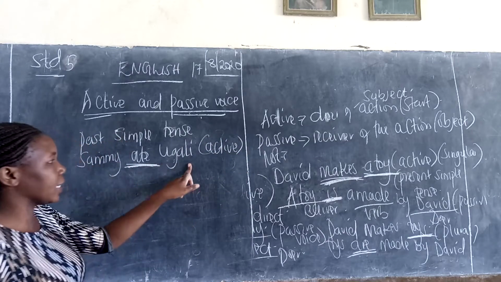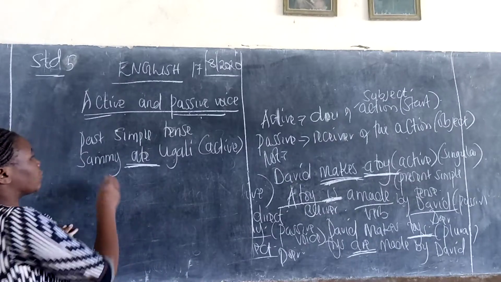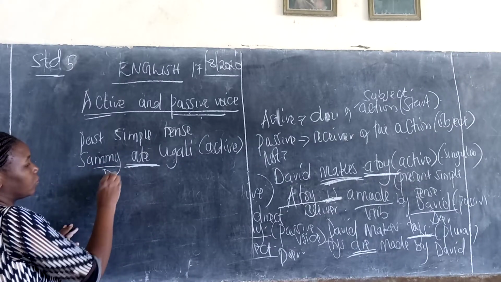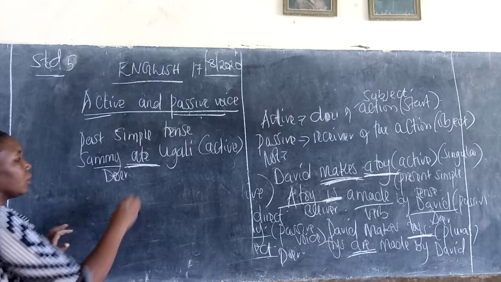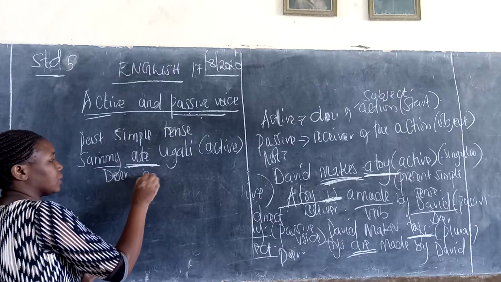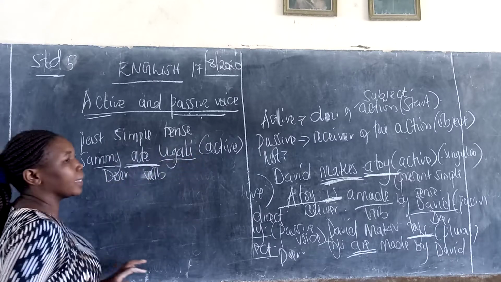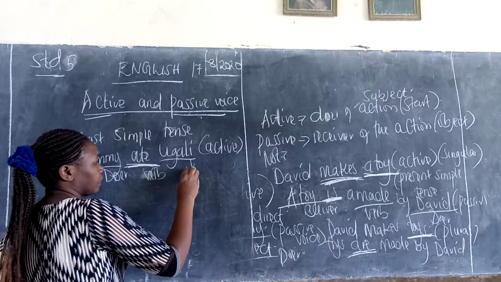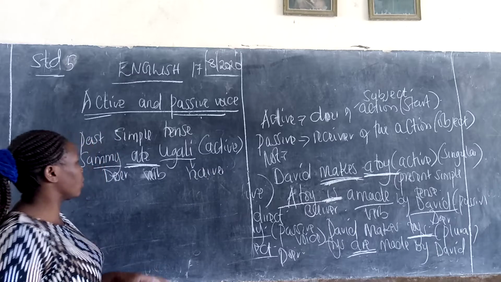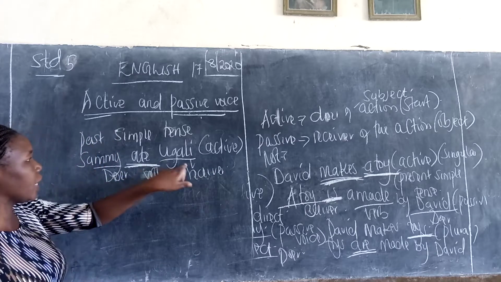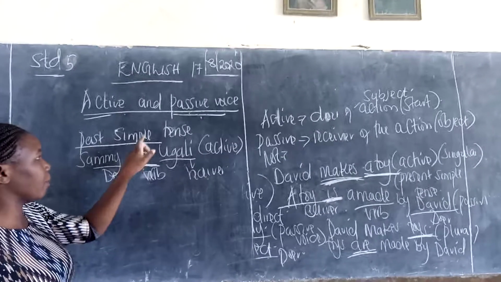For you to know whether the sentence is active, you have to start with the doer of the action. Ate is the action. Action is a verb. Then ugali is our receiver. So we shall say Sammy ate ugali. And this sentence is in past simple tense.